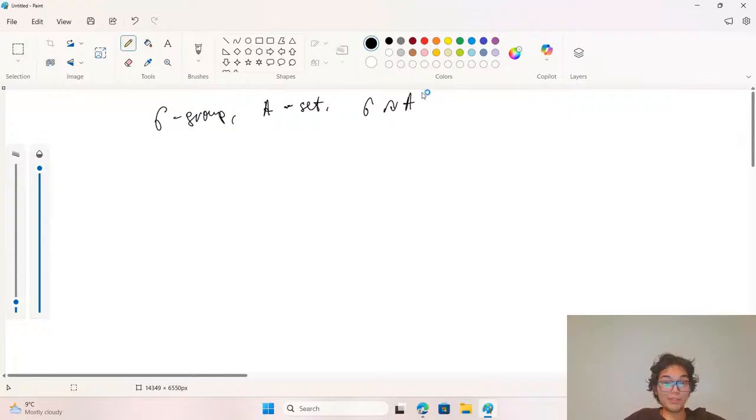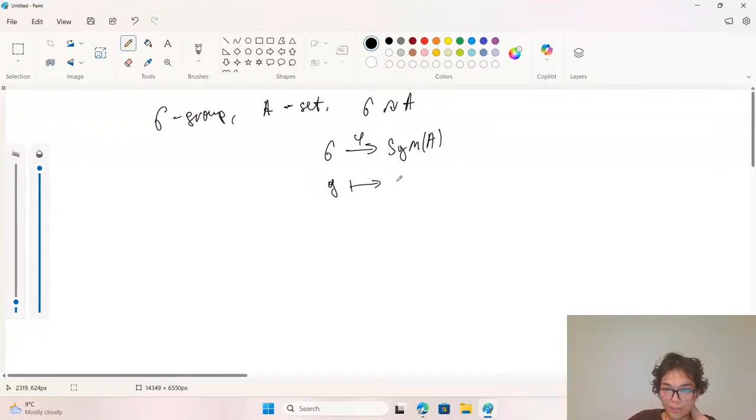Then we were given definitions: we have G and a homomorphism phi to the symmetry group of the set, the set of all bijections A to A, or the permutations of the set, and it sends an element g to some particular bijection corresponding to this element, phi(g).